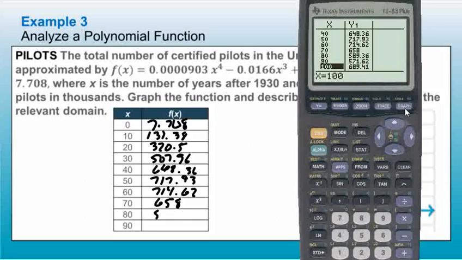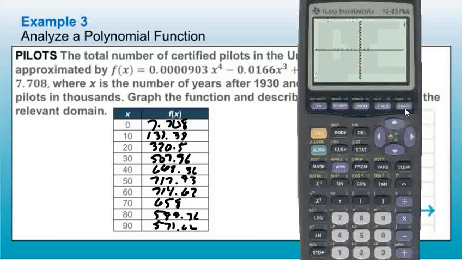Then we had 589.36. Then we had 90 was 571.62. And if we hit our graph, there again you can see our graph.